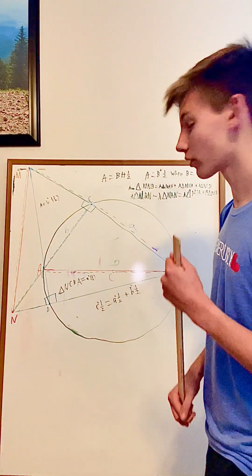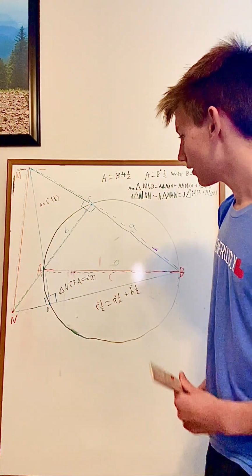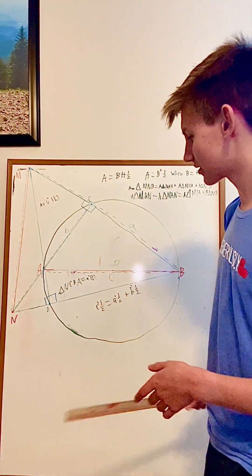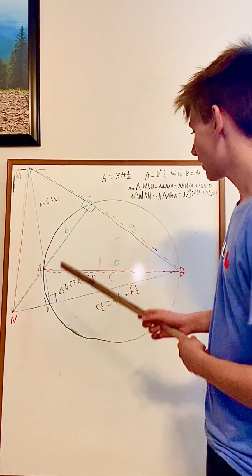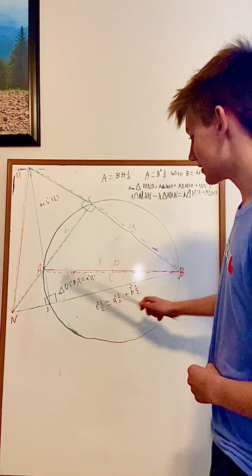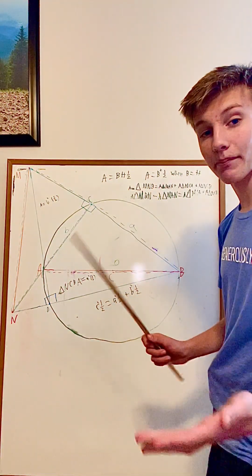Other important isosceles right triangles, obviously we have this one and this one, but another one that's going to be super important today is NCB. This one isn't super obvious, but it is true that line a is equal to NC, and this NB would be the hypotenuse of that.